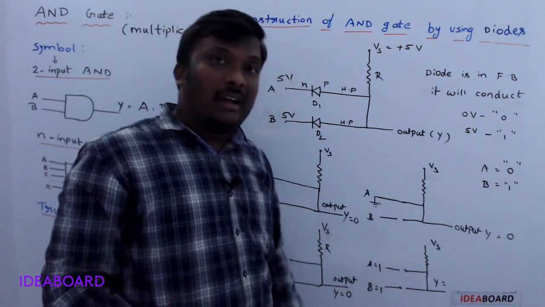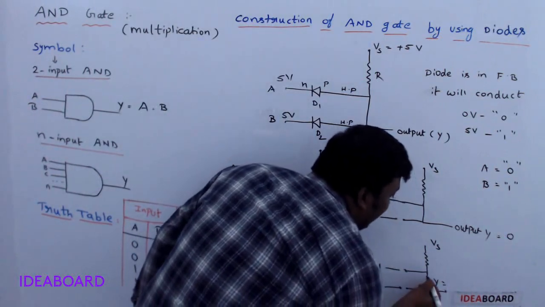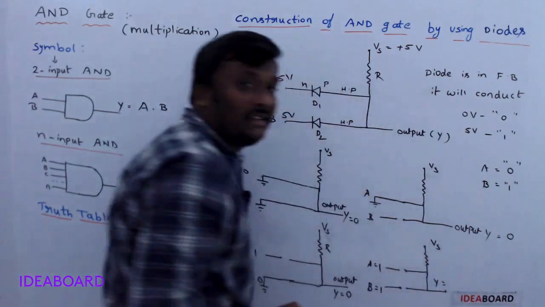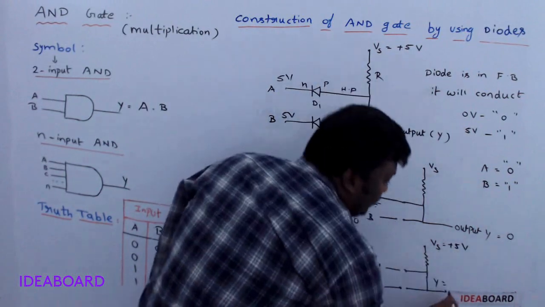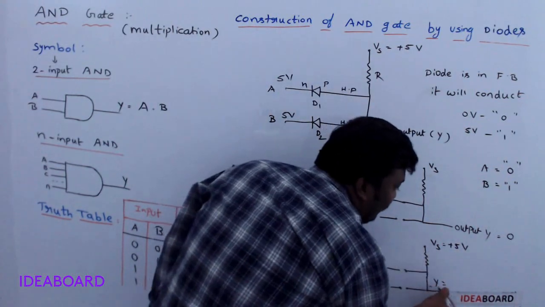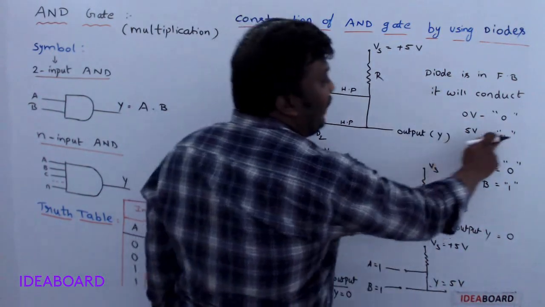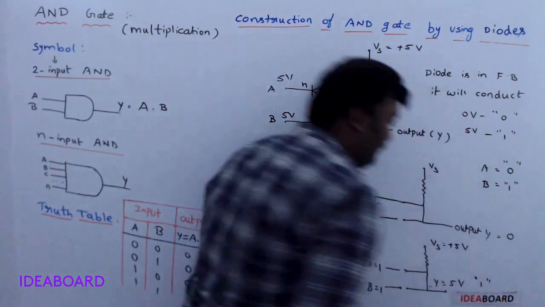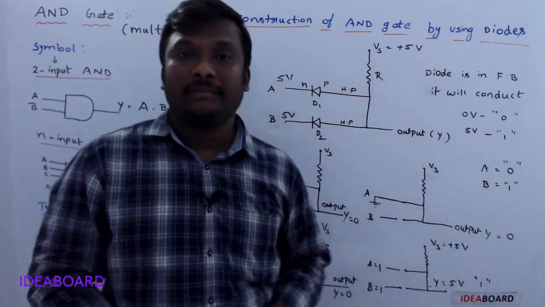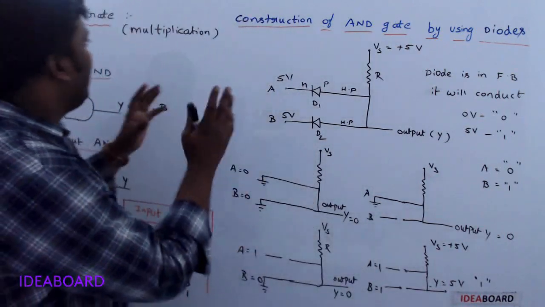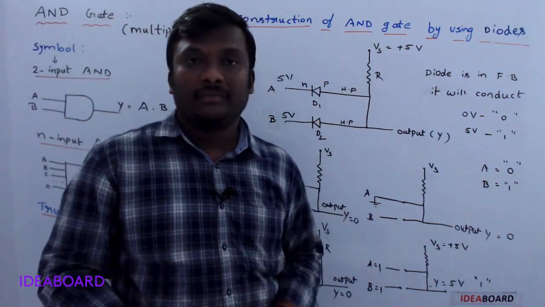Whenever A and B do not conduct current, the output directly shows the reading of Vs. What is the Vs value given? Plus 5 volt. So Y is now 5 volt. 5 volt means the binary value is 1. So if A is 1, B is 1, you get the output as 1. Understand? This is the construction of the AND gate by using diodes. Clear?